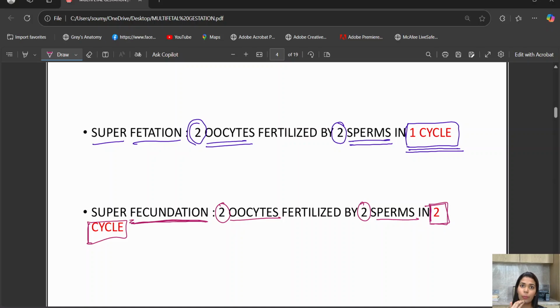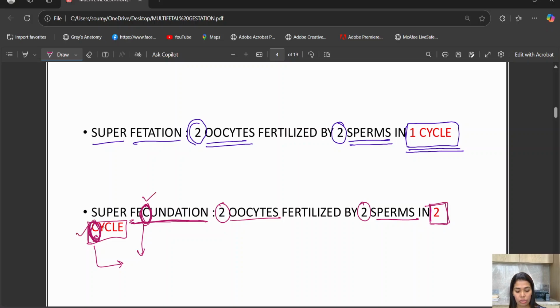So let's find ways to make it easier for you to remember and not make any mistakes in these straightforward questions. Now see, superfecundation. Fecundation has a C. Yeah, and cycle also has a C. So now there are, to begin with, two C's in cycle as well, but let's focus on the starting C and this one.